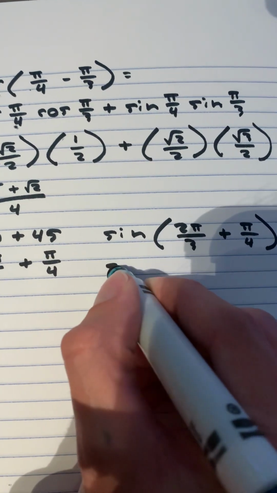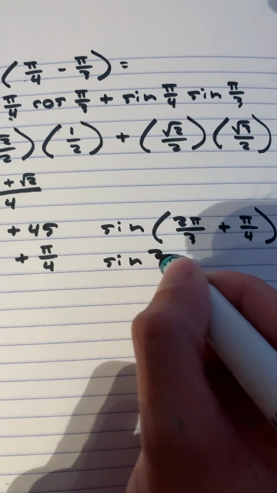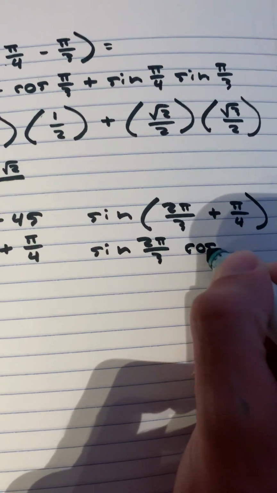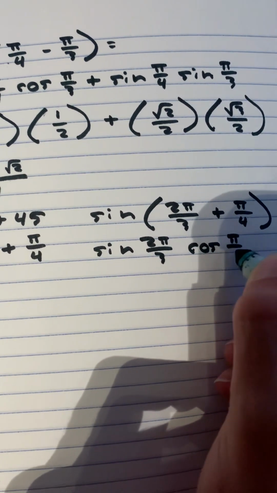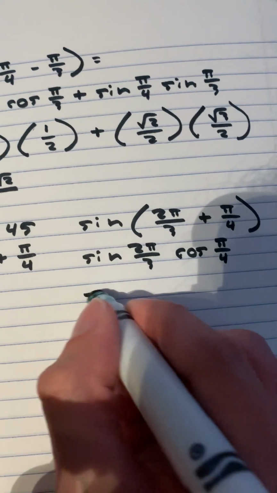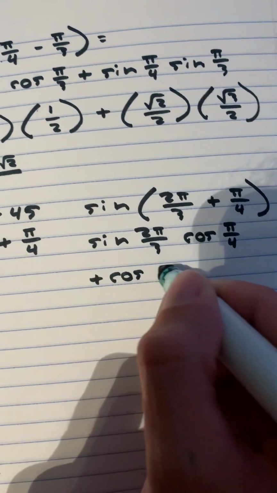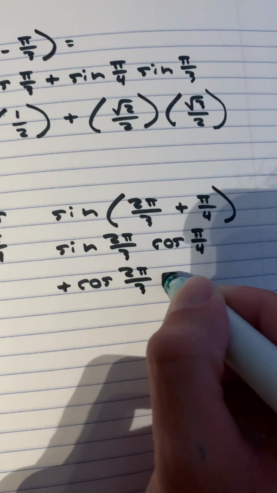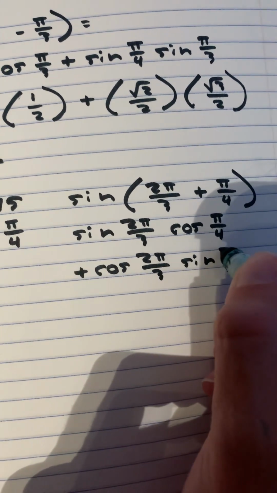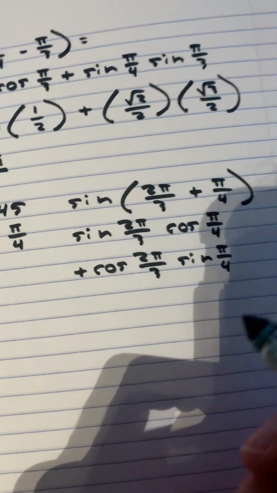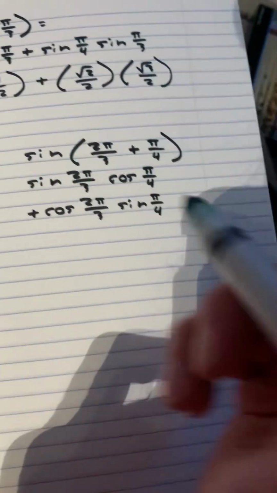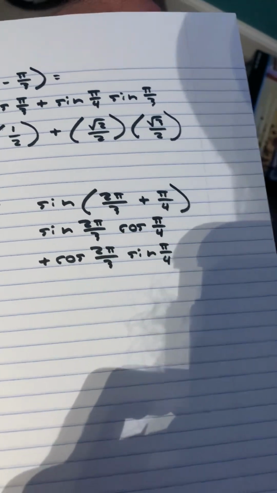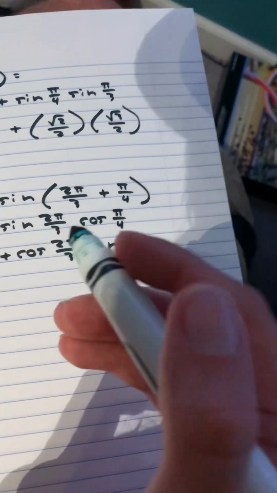So we've got sine 2 pi over 3 cosine pi over 4 plus cosine of 2 pi over 3 sine pi over 4.